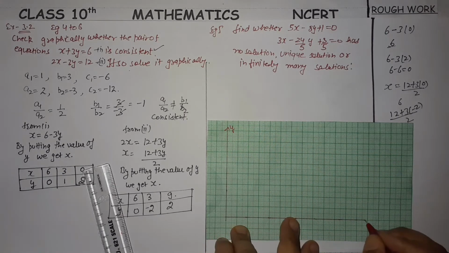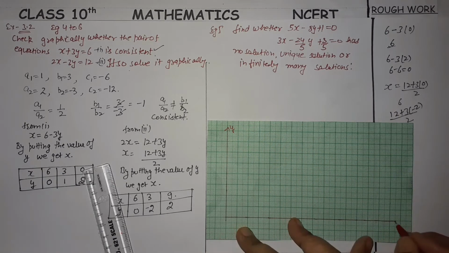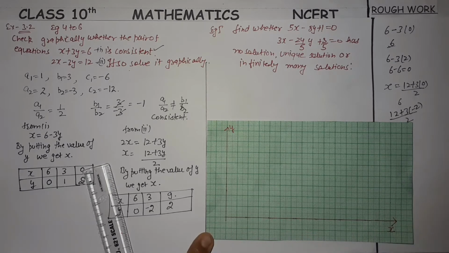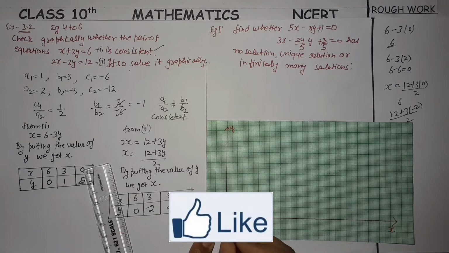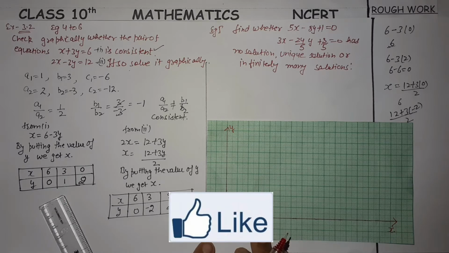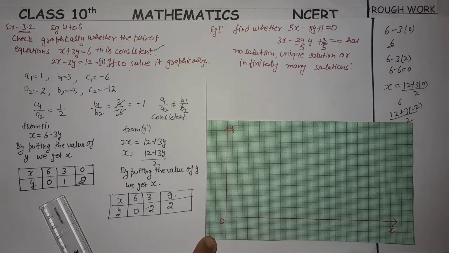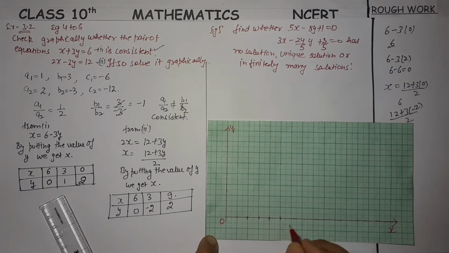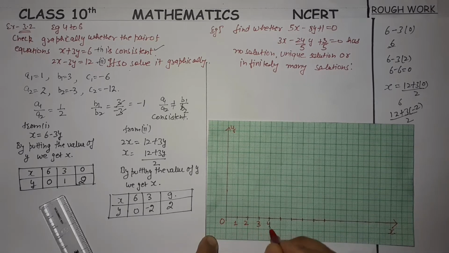Where the y-axis and x-axis meet, the point is called the origin. Now marking. We know that one line can pass through 2 points, but to be on the safe side we have found 3 solutions of both equations.